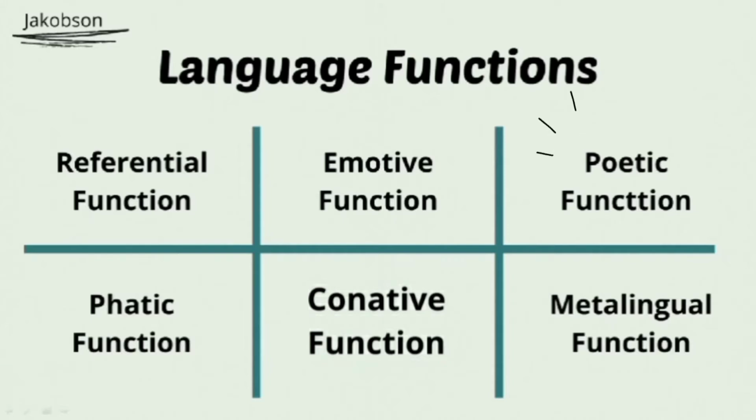The poetic function of language is the aesthetic of language, which allows the creation of a message. Phatic function aims to maintain communication between speakers. The conative function aims to cause a reaction in the listener. And last, the metalingual function is the language used as a metalanguage to describe matters related to the language, such as definition and explanation of the meaning of a word.